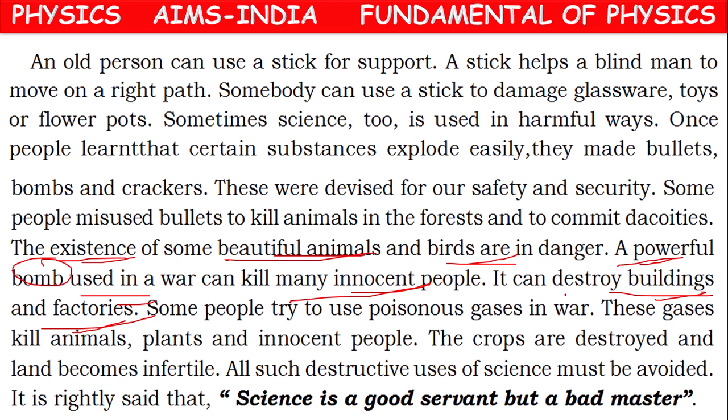Some countries, while waging war, make use of poisonous gases. These gases will kill animals, plants and innocent people. Crops will be destroyed. Land becomes infertile, means land loses its strength. In that land, crops will not grow again.